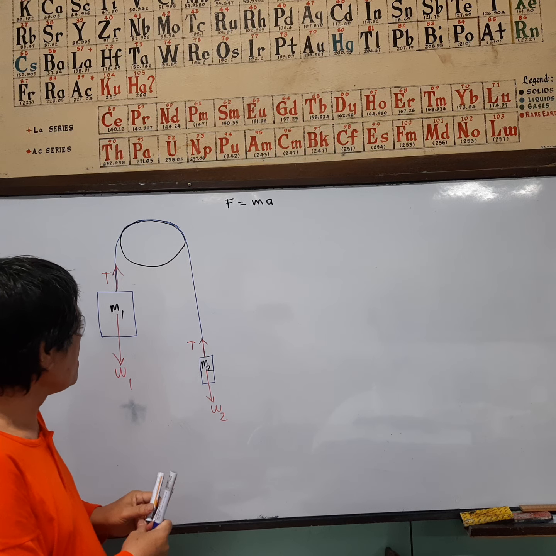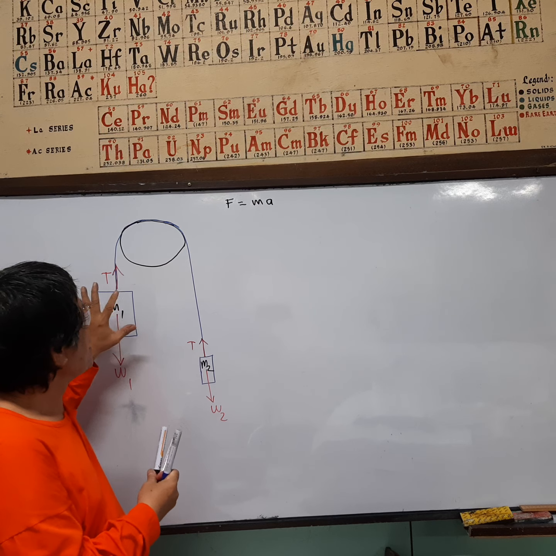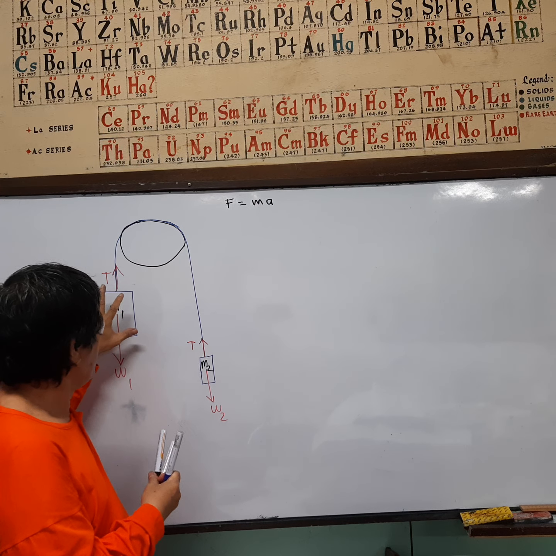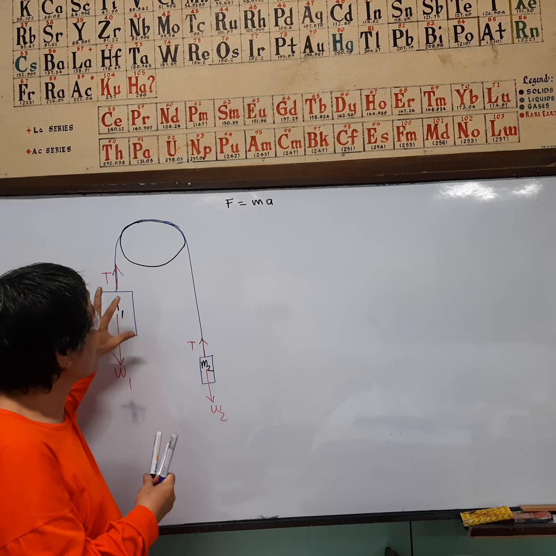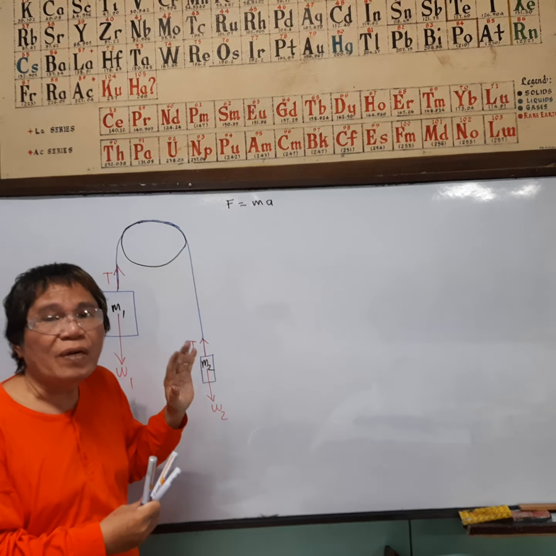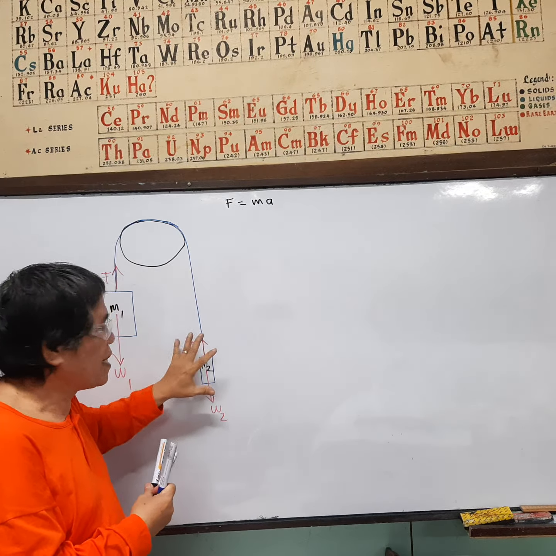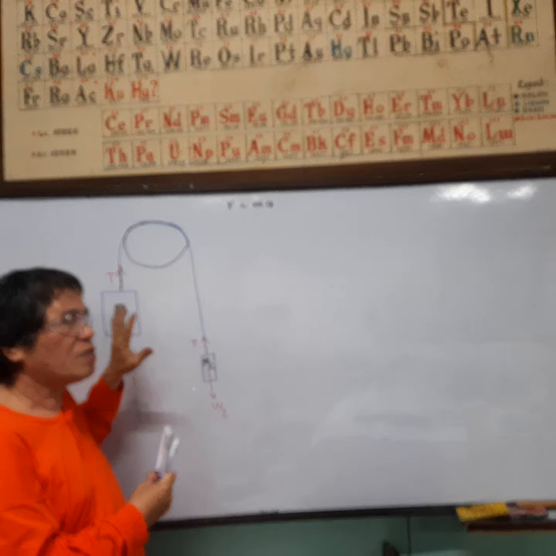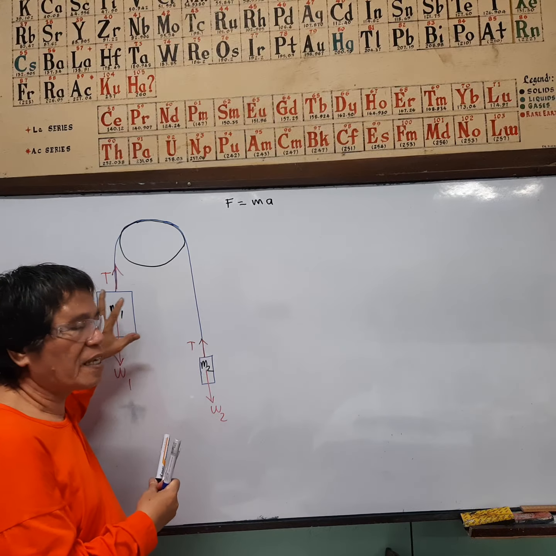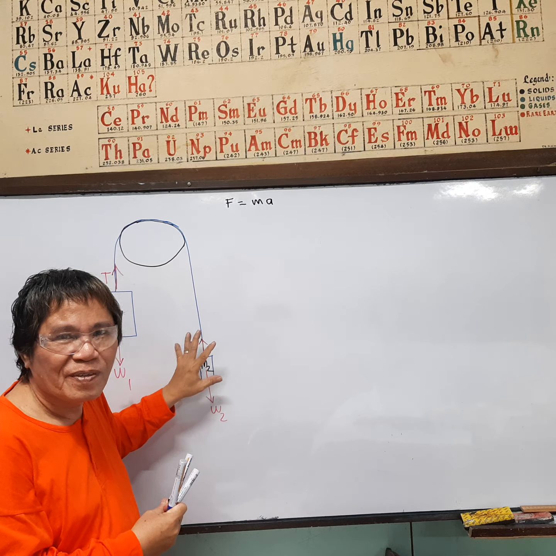Now, let us consider the force acting on this body, the net force acting on this body. Disregard this body because we consider this one as a single body without involving this one. Okay?